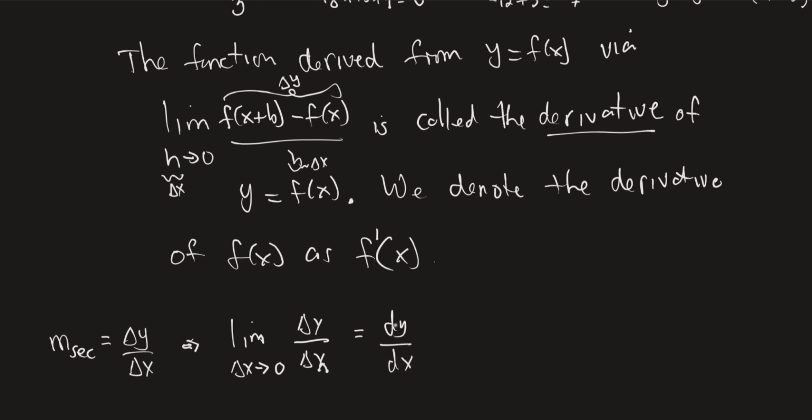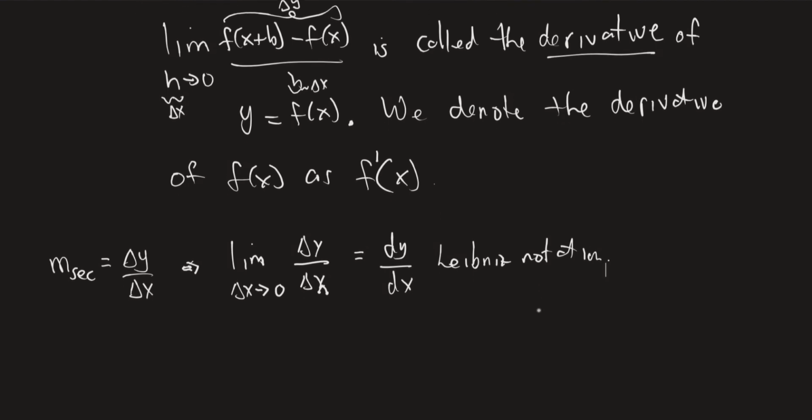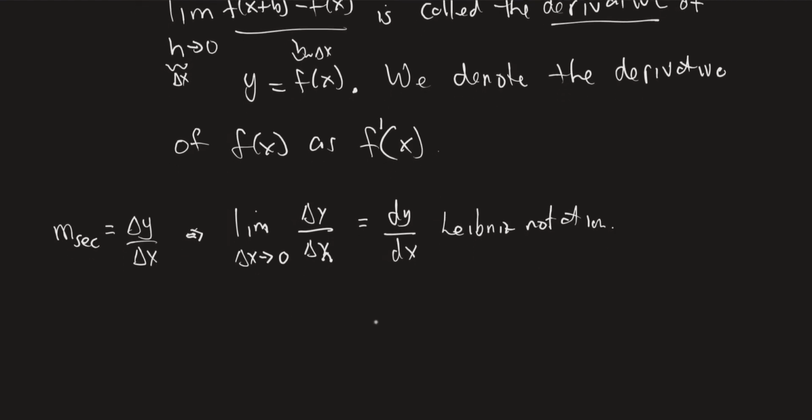And this is an alternative notation for the derivative. And we will use both of these. I can't even imagine how many times we're going to use it, but many times we're going to use the prime notation or this Leibniz notation.